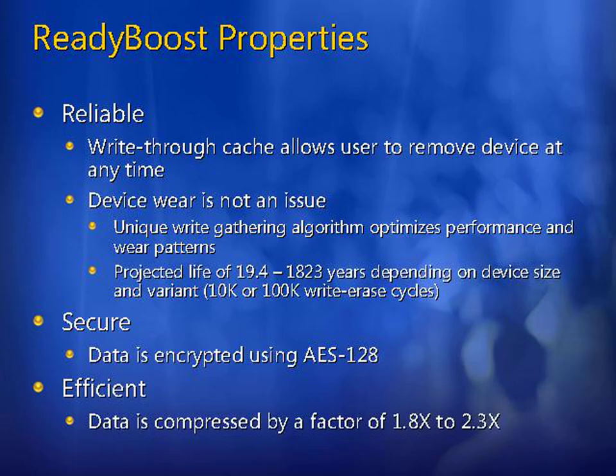What we do is we encrypt everything before it leaves the main board. We use AES 128 to encrypt the data, and we use internal compression algorithms to give us that 2-to-1 compression. So there's a little bit of processing that goes on before the data ever hits the ReadyBoost device. That means that even if someone walks away with your USB key, your data is secure.